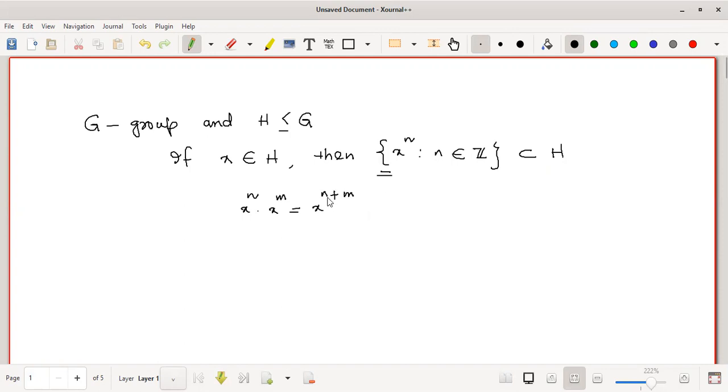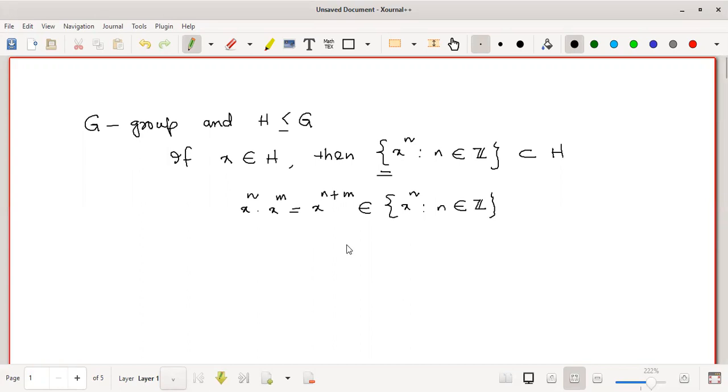And n plus m is also an integer if n and m are integers. So this is also an element of this set, x to the power n, n belongs to Z. So the multiplication is a binary operation in this set.